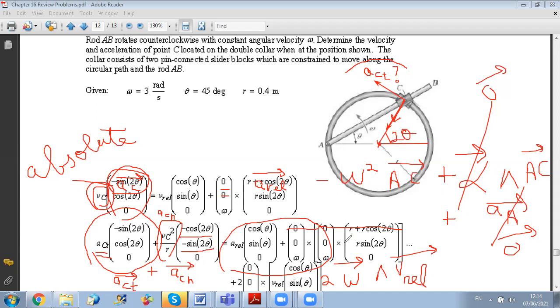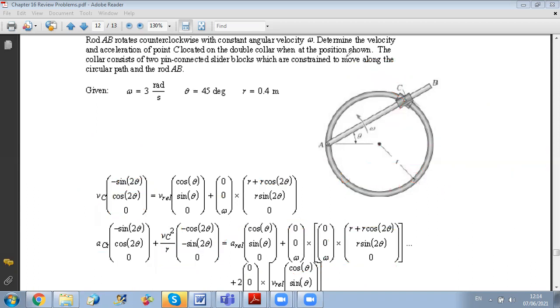Equals, from the other side, first, for A relative, you know that relative to the rod, the collar is translating. So it's moving along AB. Okay? And we assumed A relative upward. You can know from the calculation: if it is positive, then it's true that A relative is upward. If it is negative, then A relative is down.